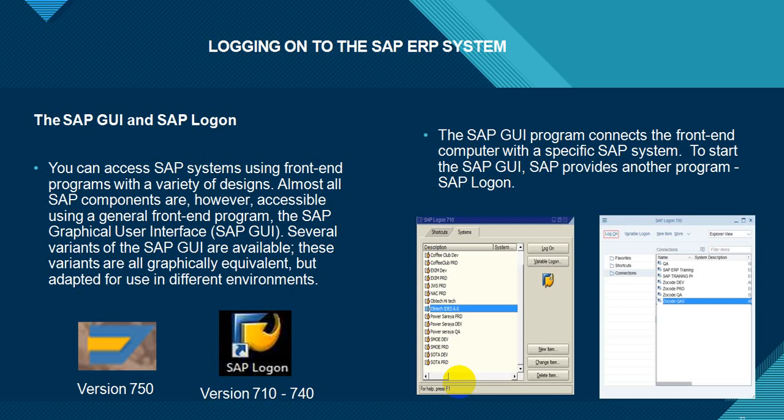All right, now the SAP ERP navigation, before you start, you need to be aware of these components. All right, first is the SAP GUI, and then the SAP Logon. Now these are the shortcuts that you see on your system when the GUI has been installed. Now what is GUI?